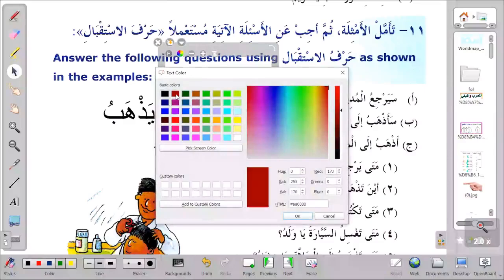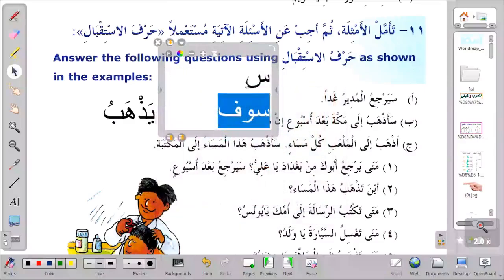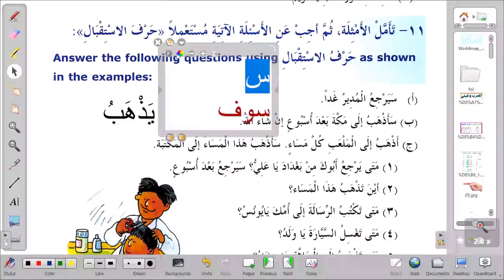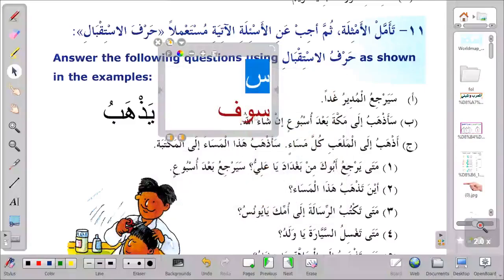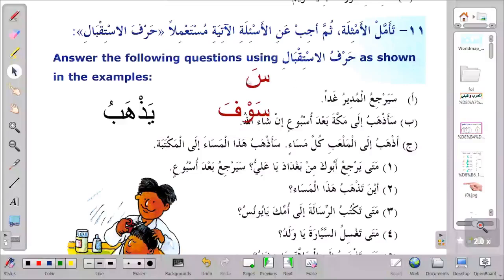I want to distinguish it for you. Those two are what we need to know for now. So I can either say sayazhabu, which will mean he will go.